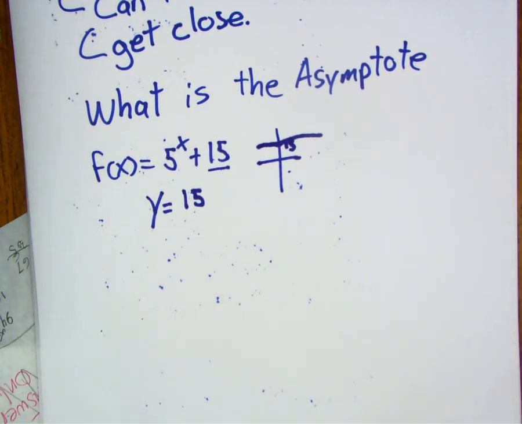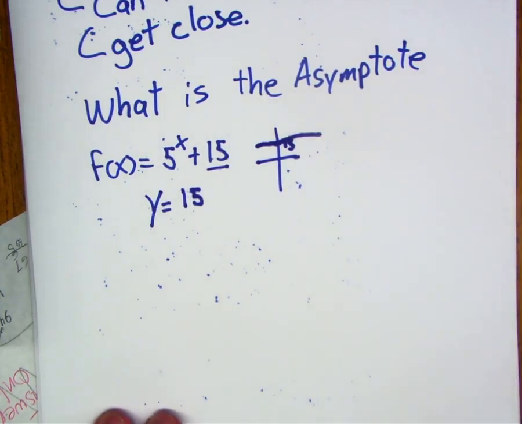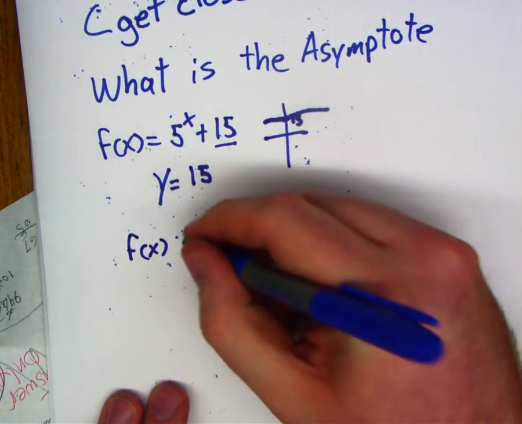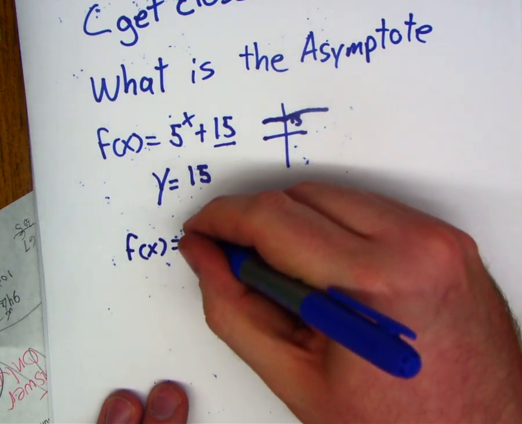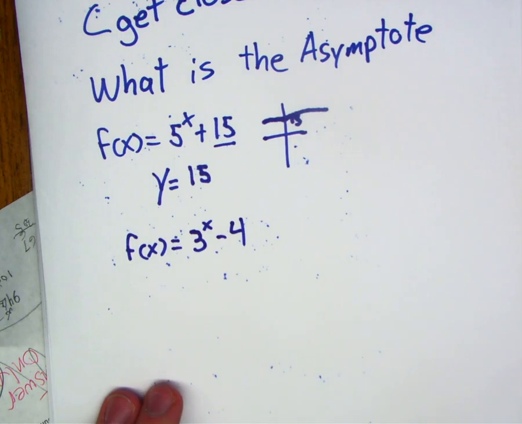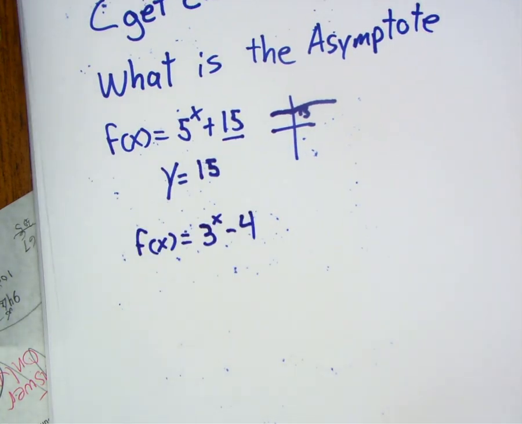All right. For this next one, we won't have you put the graph, but let me have you guys get one more example here. Let's say f of x equals 3 to the x minus 4. What is the asymptote for f of x equals 3 to the x minus 4?